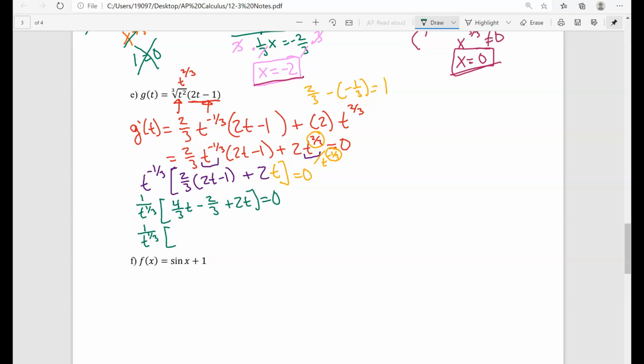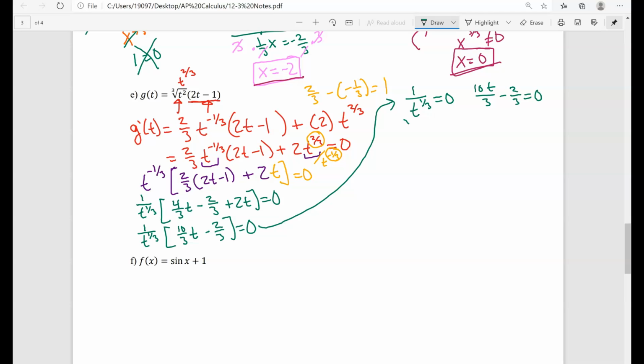And then I can combine the 4/3 with the 2. That's going to give me 10 over 3 t minus 2/3 equals 0. And now we're just going to set each equal to 0. You're going to have 1 over t to the 1/3 equals 0, and then 10t over 3 minus 2/3 is equal to 0.